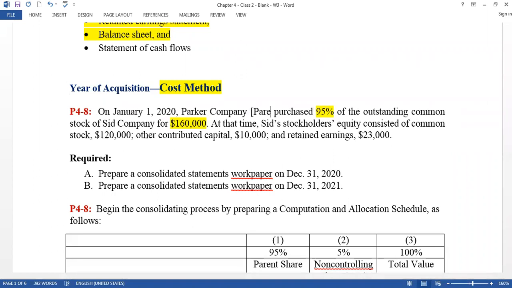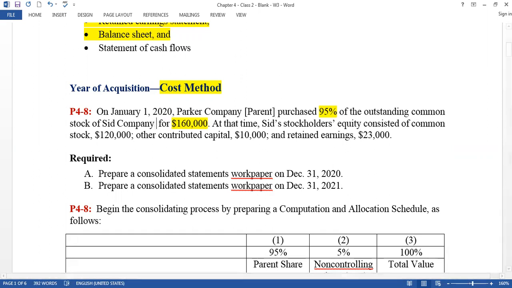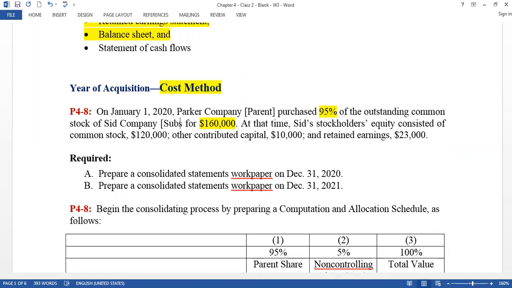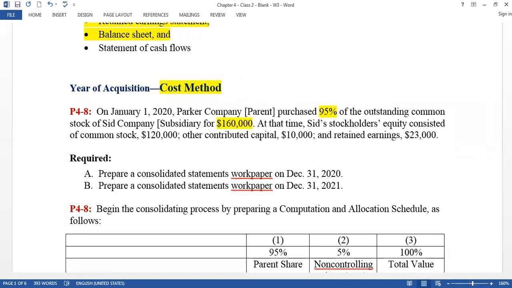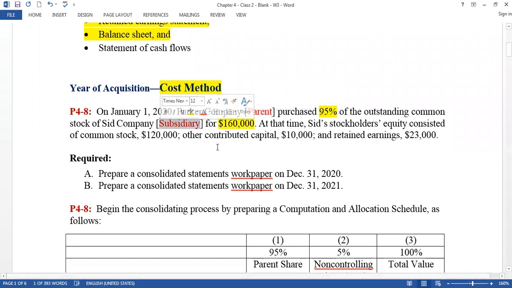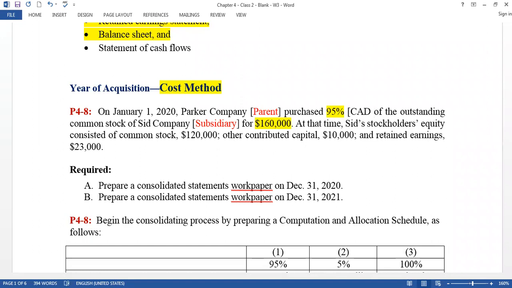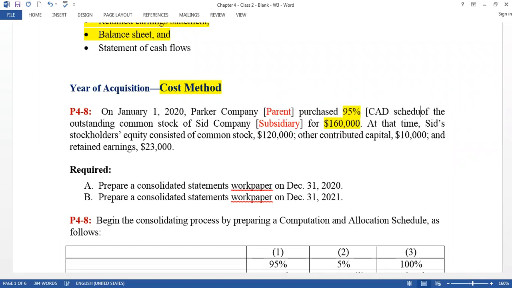Parker is the parent company, and Seed Company is the subsidiary. And we find that the parent company only acquired 95%, not 100%. So as it is 95%, we have to think about the CAD schedule for NCI.